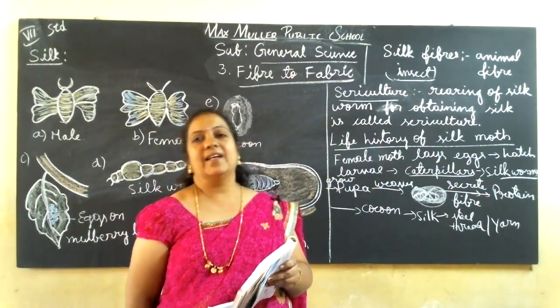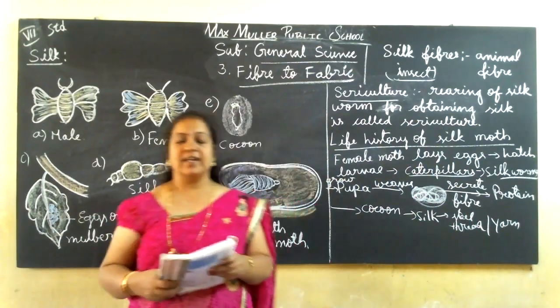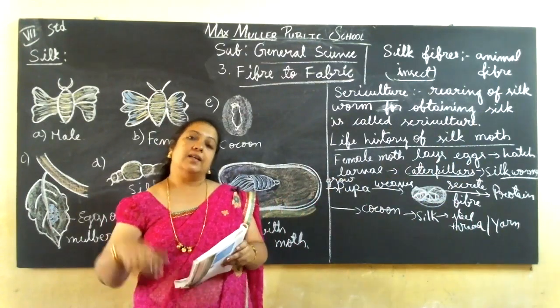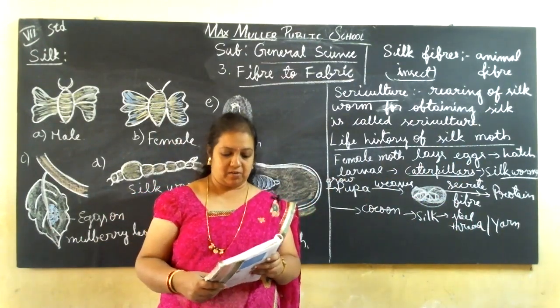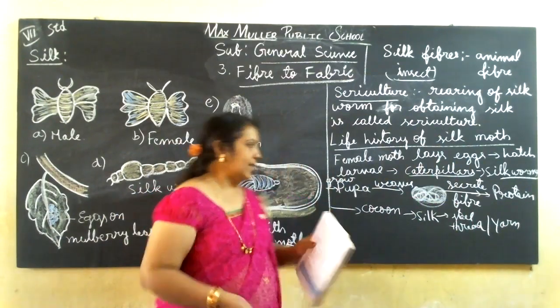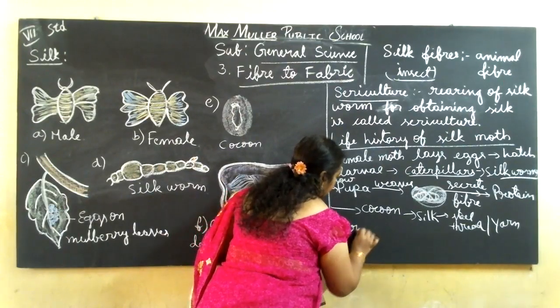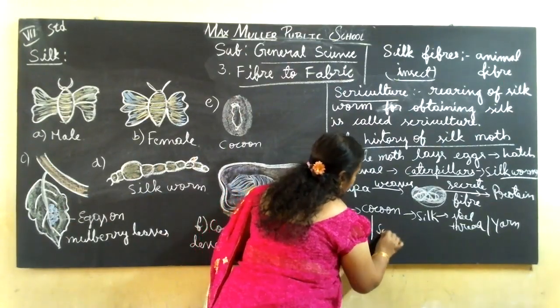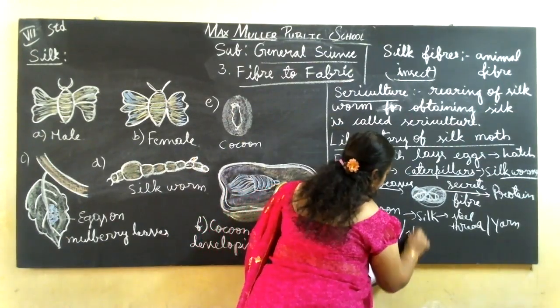There is a variety of silk moths which look very different from one another, and they yield different quality and texture of silk thread. The silk thread may be coarse, or soft, or smooth and shiny.